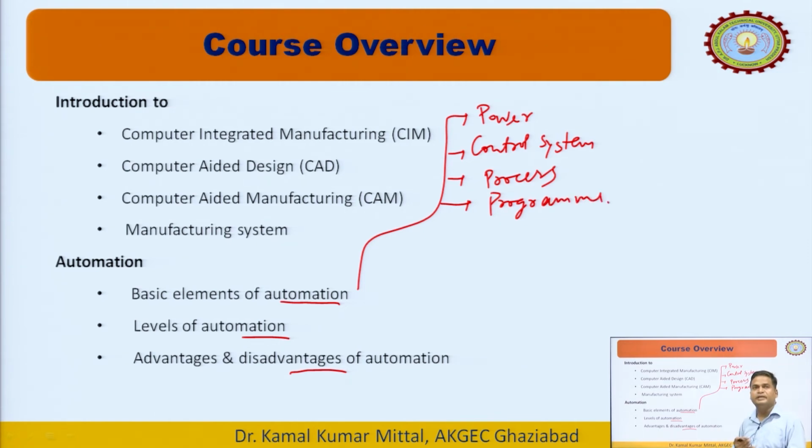So power means, like if we go for casting, so casting is the process. Casting is a process and power for that is thermal, means we need thermal energy. Casting means एक मेटल को मेल्ट करके लिक्विड फॉर्म में कन्वर्ट करना, वो कास्टिंग है. और वो हो सकती है हमारी थर्मल एनर्जी की सहायता से. थर्मल एनर्जी की सहायता से हम एक सॉलिड मेटल को लिक्विड फॉर्म में कन्वर्ट कर सकते हैं.